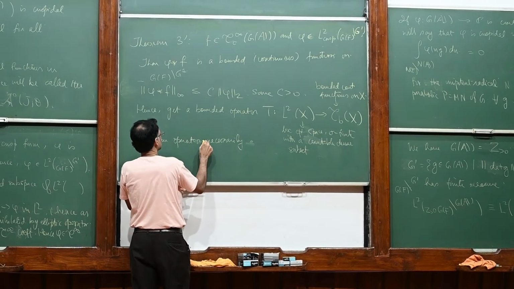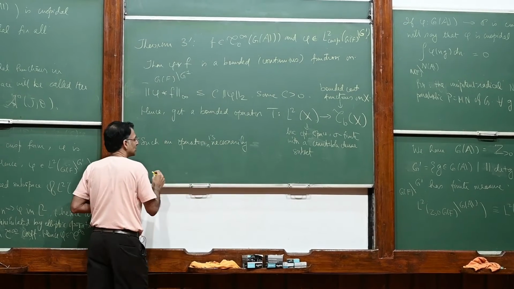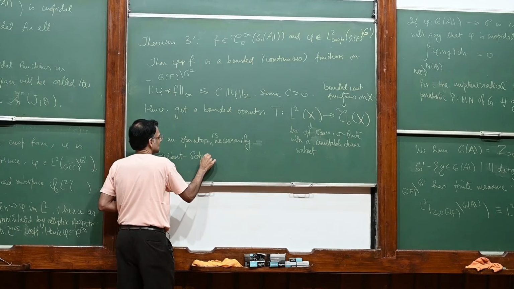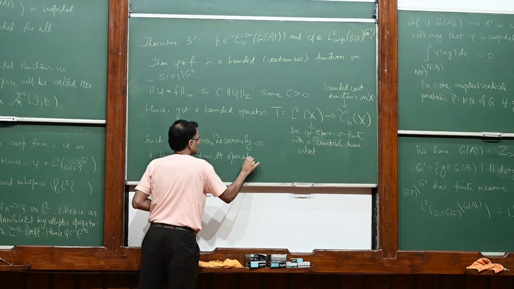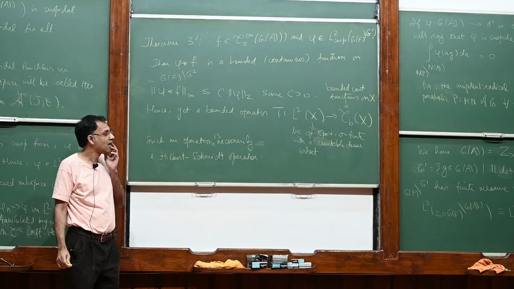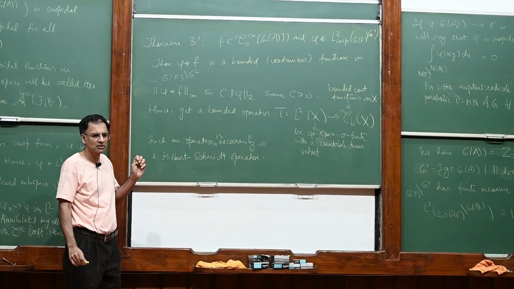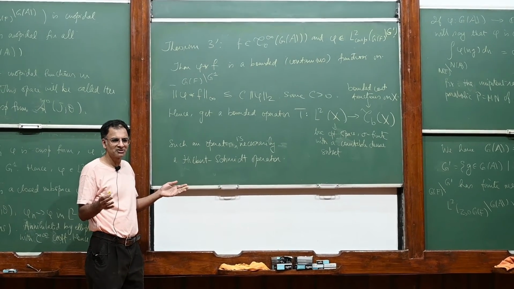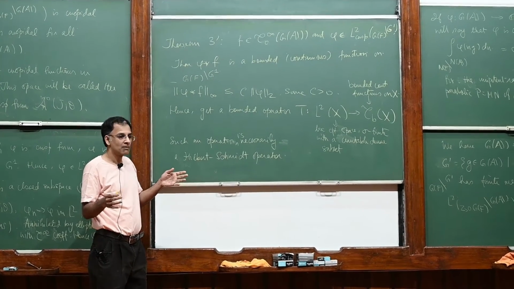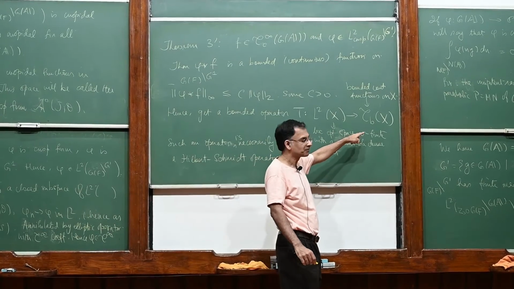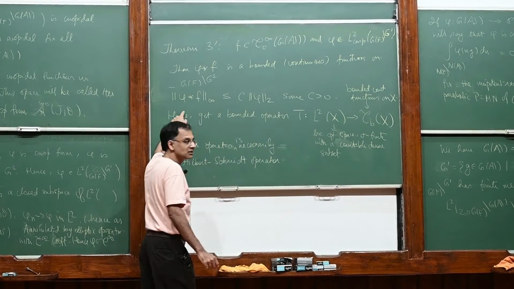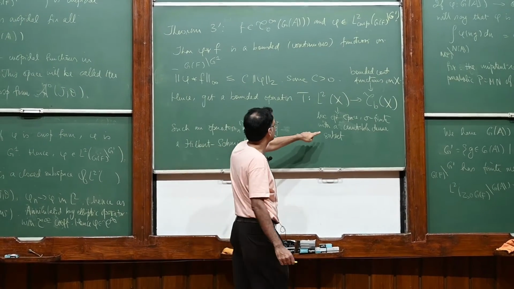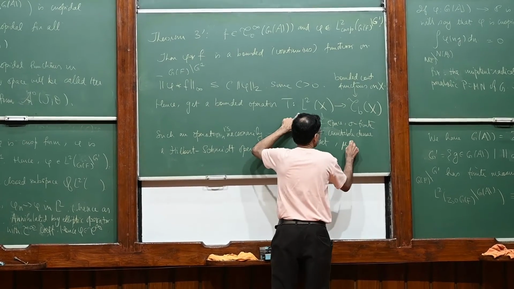Such an operator is necessarily what we call a Hilbert-Schmidt operator, meaning you choose an orthonormal basis and take a summation. We are treating it as an operator to L2(X), and C_b(X) is contained inside L2(X), because X has finite measure.